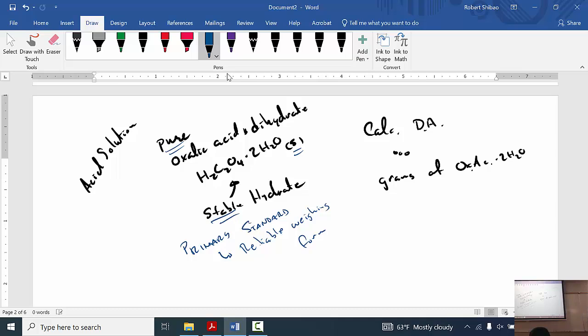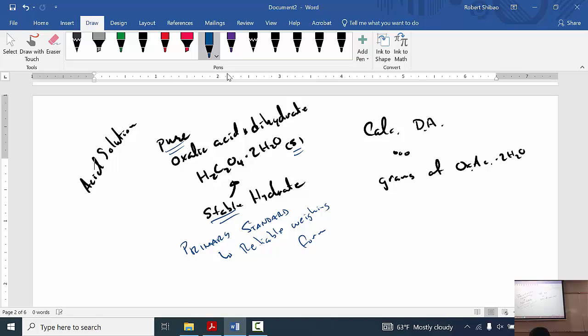How many sig figs can you weigh that to? Well, 4 decimal places, so 2 preceding the decimal and 4 after the decimal, that's 6 sig figs. So you can weigh things pretty accurately and quite precisely on a balance.